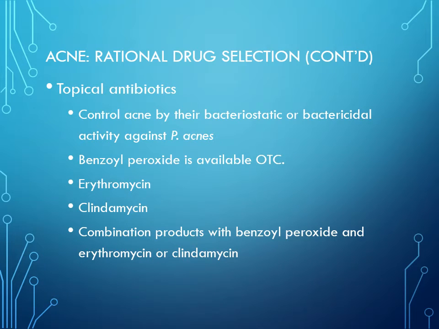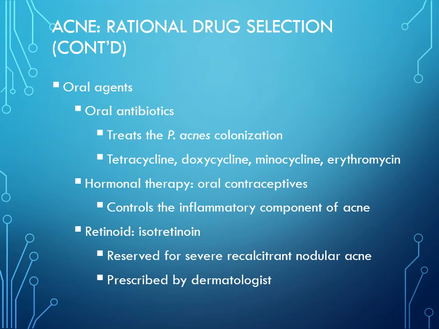Topical antibiotics are used to control acne by their bacteriostatic or bactericidal activity against P. acnes. Benzoyl peroxide, as I said, is available over the counter. Erythromycin and clindamycin are topical antibiotics that can be used, especially in combination with benzoyl peroxide. Oral agents such as oral antibiotics are very effective in treating the P. acnes colonization.